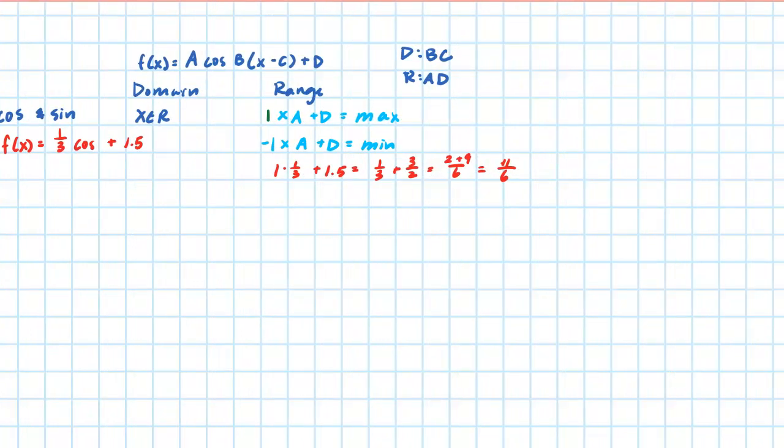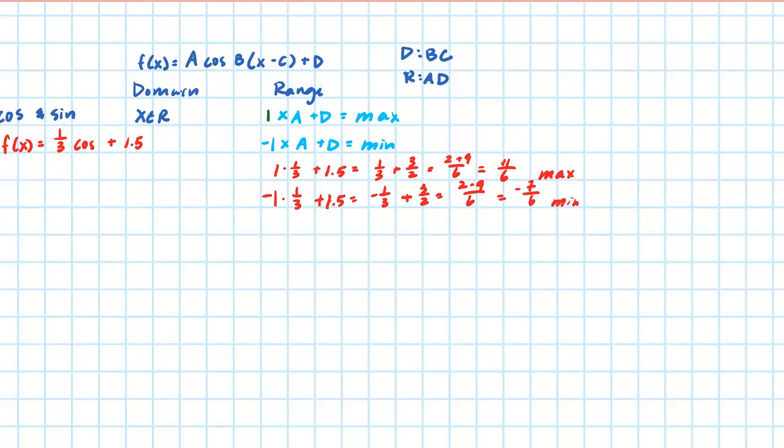So that means that, let's go ahead and save that until later. And -1 times 1/3 plus 1.5 equals -1/3 plus 3/2 equals, now it's 2/6 minus 9/6 equals -7/6. So that is the new minimum, and this is the new maximum.